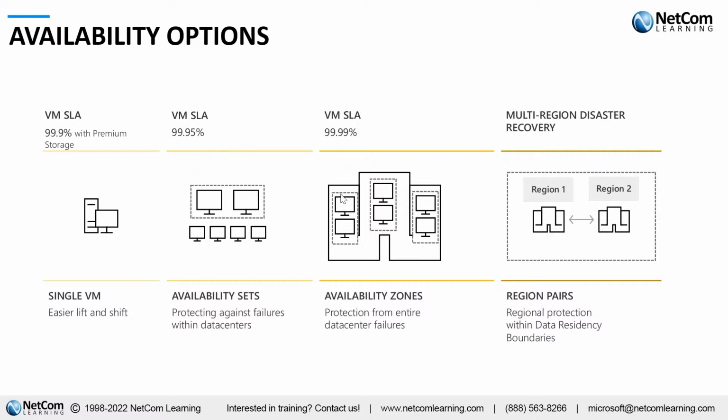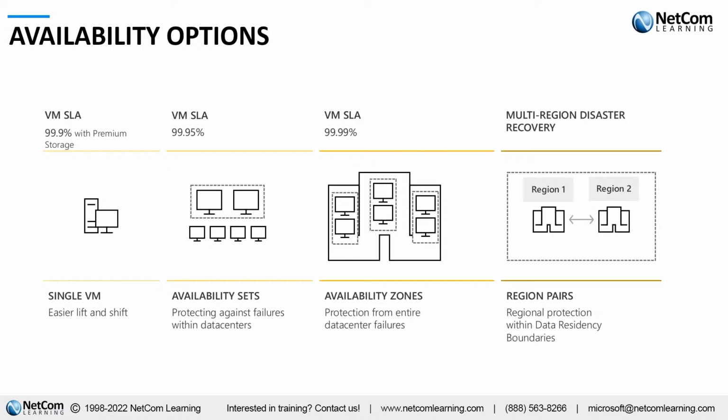Usually it's even less than that. If you go with availability zones, this is some amazing stuff: 52 or 51 minutes of downtime in the entire year. So basically 1 minute a week of downtime. I'm not saying that it goes down for a minute every week, but that's the equivalent. That's what 99.99% means. So you have protection from entire data center failures; anything that goes wrong, we have you covered.